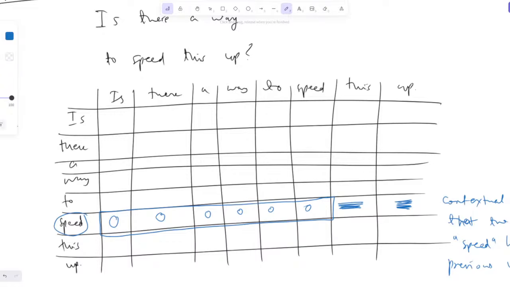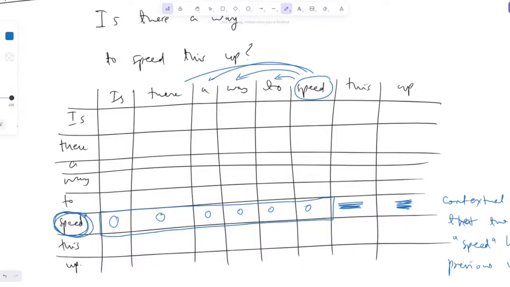Look at this row. I got rid of the words after speed, this and up, and what do I have? "Is there a way to speed this up" is no longer my sentence. I am looking only at the words before speed.